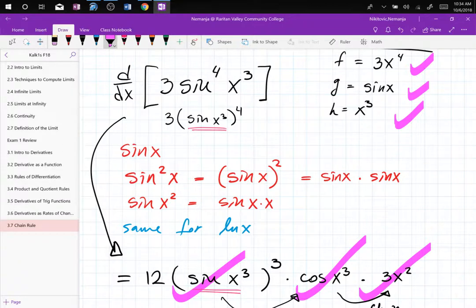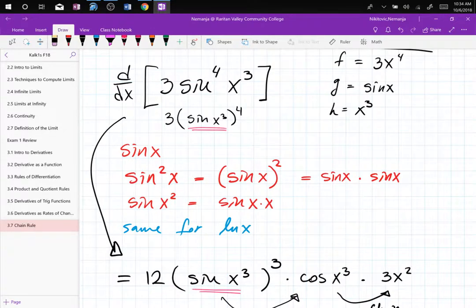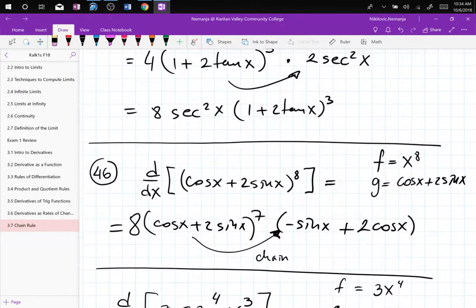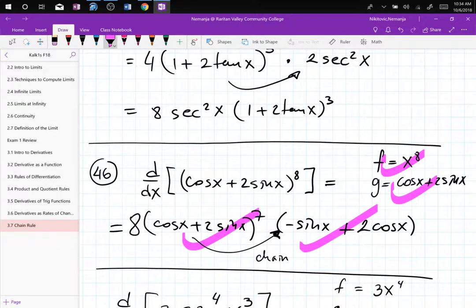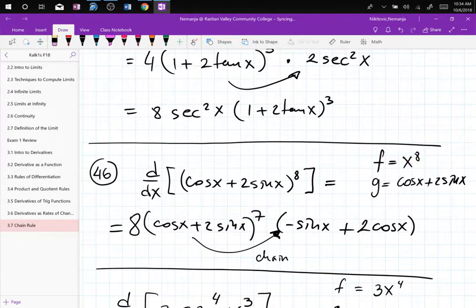If I have 6 functions on a pile in a function composition, I will have 6 of these factors at the end. So 1, 2, 3, 1, 2, 3. Before that, it was 1, 2, 1, 2. For all of the problems we did, it was 1, 2, 1, 2. Now, we had 1, 2, 3, 1, 2, 3.